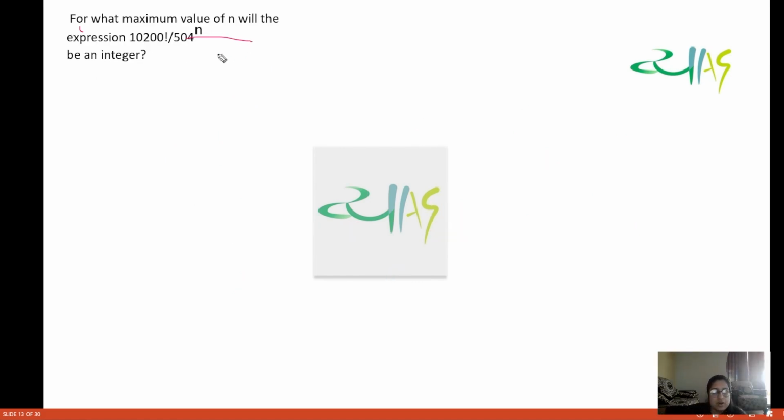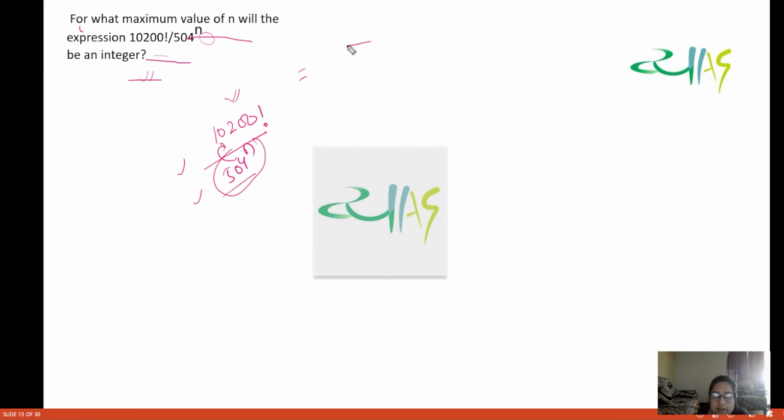It is saying, for what maximum value of n will the expression be an integer. You are given 1020 factorial and 504 to the power n. Now you have to find for what value of n this will be an integer. We already know what power of this number can be in this number.